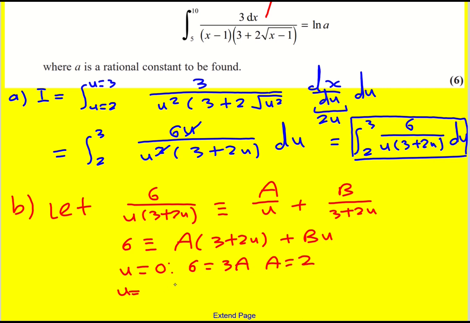And then u equals minus 3 over 2 to make the first term on the right 0. Then 6 is going to equal minus 3 over 2 b. That's actually minus 1.5. You end up getting u is, sorry, not u, that should have been a b, sorry. b is minus 4.